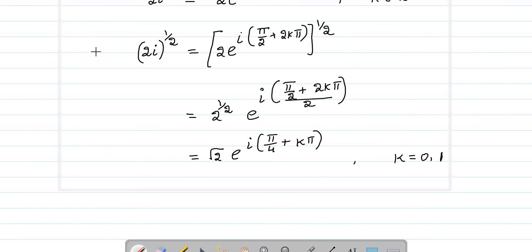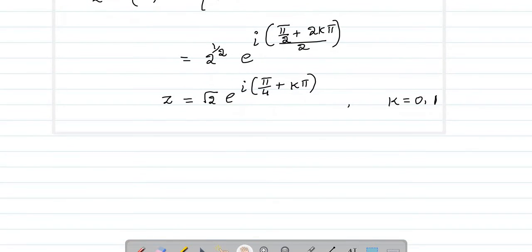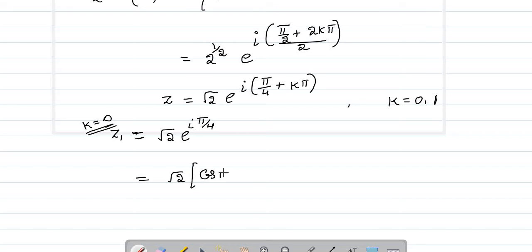Okay, so let me assume z equal to this. Now we can easily write what is z1 and what is z2. So let me write z1. That is root 2 into e power, when you substitute k equal to 0, this is e power i pi by 4. So that is exactly root 2 into cos of pi by 4 plus i sin of pi by 4.